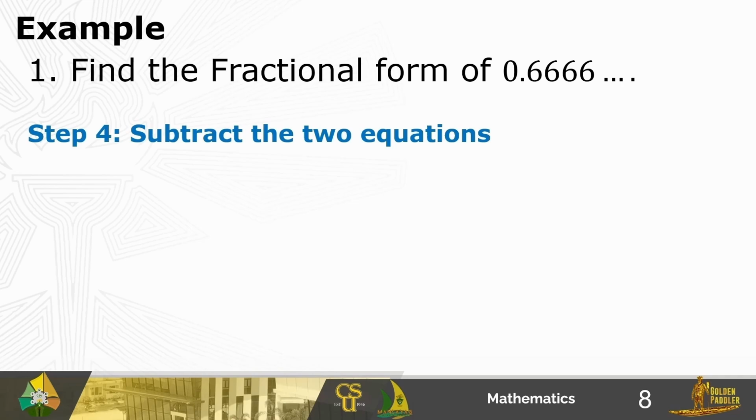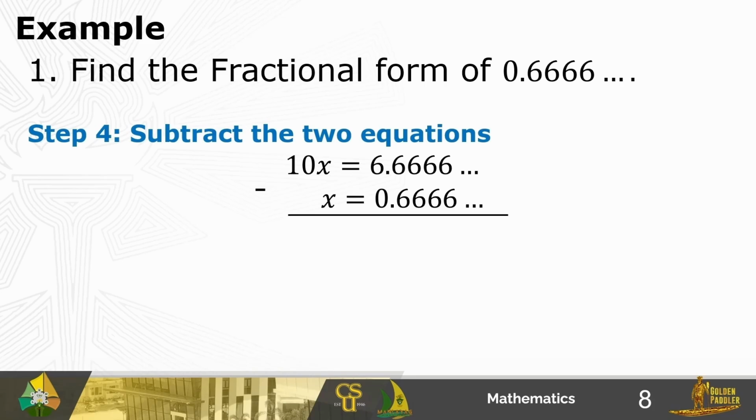From step 3, we have 10x is equal to 6.6666 and so on, minus the equation from step 2, which is x is equal to 0.6666 and so on. 10x minus x is just 9x, and 6.6666 minus 0.6666 gives us 6. So we have 9x is equal to 6.